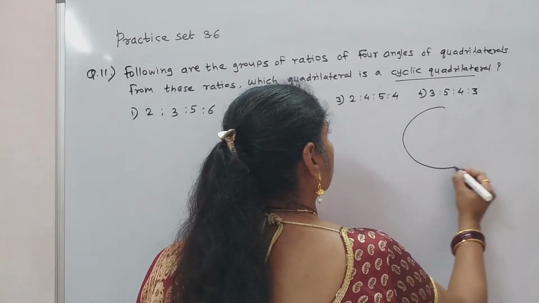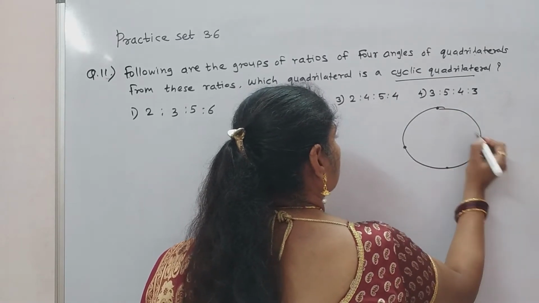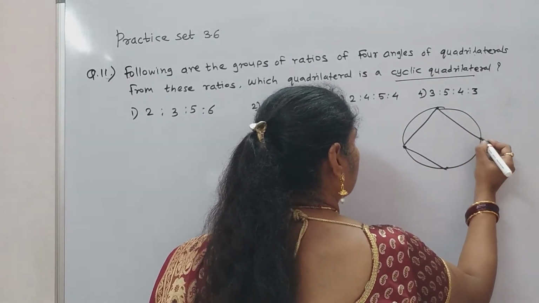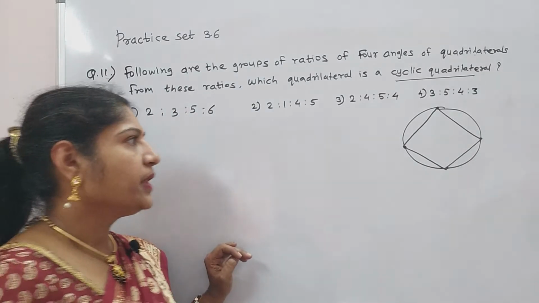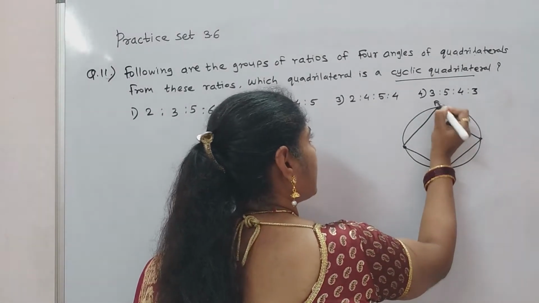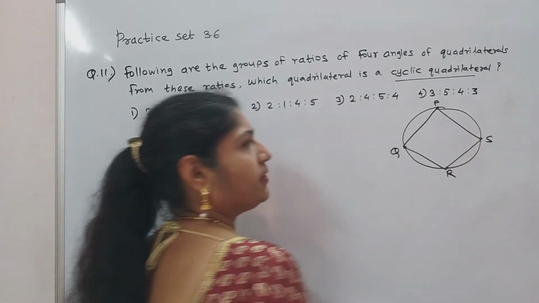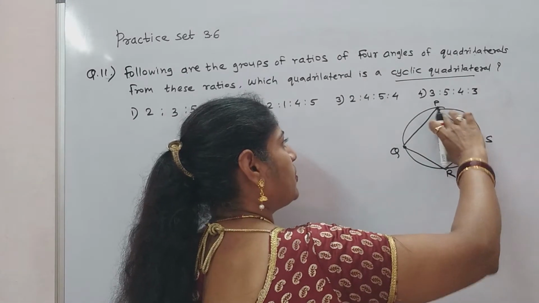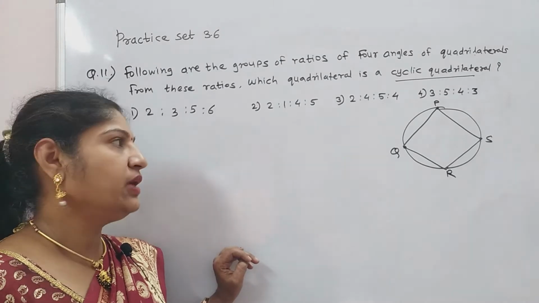A quadrilateral which has all 4 vertices on the circle is called a cyclic quadrilateral. And the property of the cyclic quadrilateral is that opposite angles are supplementary. Sum of the opposite angles is 180. Then the quadrilateral is a cyclic quadrilateral.